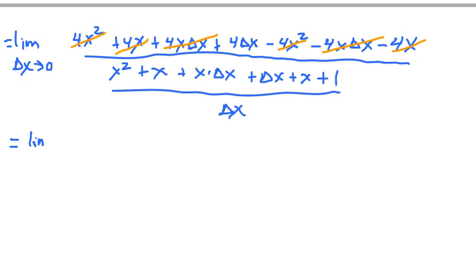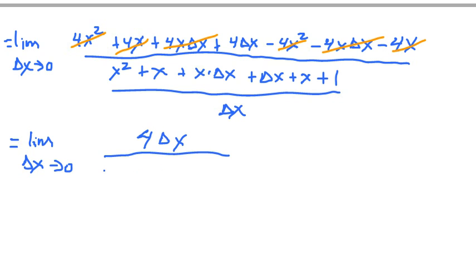Equal to the limit as delta x approaches 0. So the top, the only thing left was the 4 delta x on top. Now the bottom piece here, we can actually drop this down into the denominator.